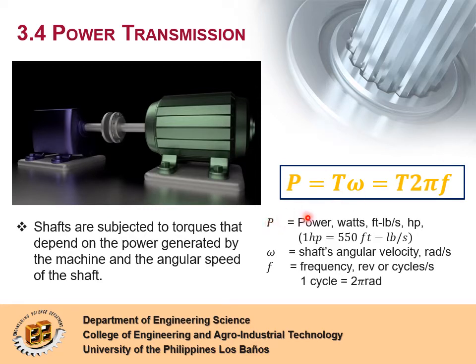Power can be in the units of watts, foot-pound per second, or horsepower. For angular velocity, we have radian per second. For frequency, we have cycles per second or hertz.